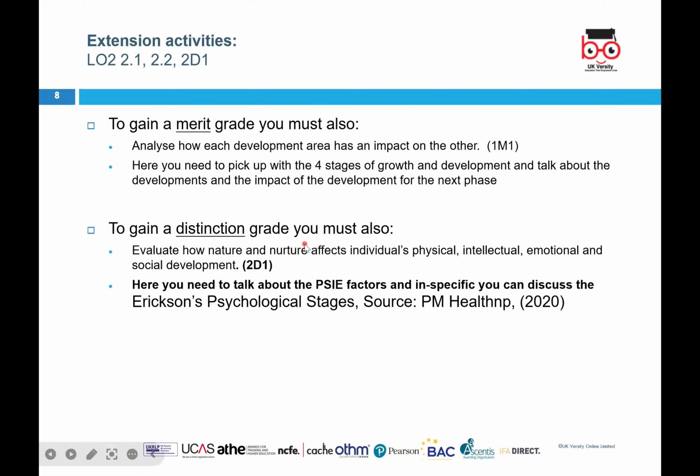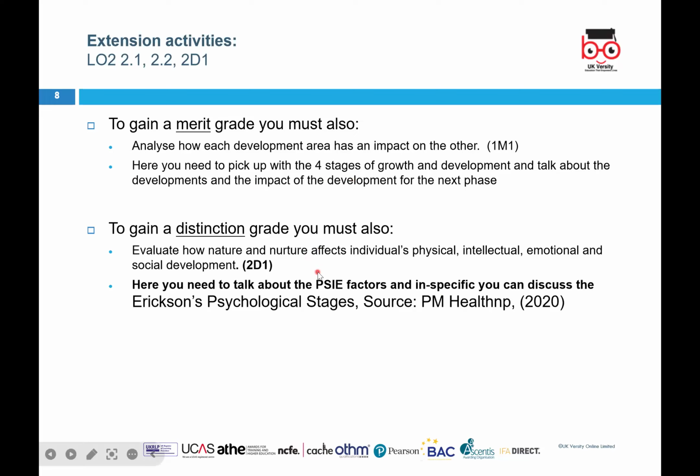We've talked about if you want to gain a merit, you would want to analyze how each development area has an impact on each other. Here you would need to pick up the 4 stages of growth and development and talk about the developments and impact of the development for the next phase. How are they connected? If you want a distinction, just let us know in your email.